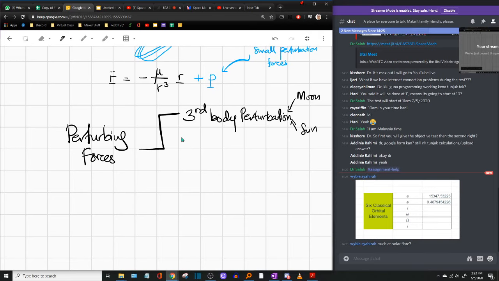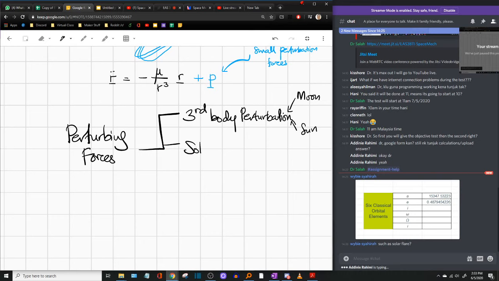By right, in the two-body problem, they should not influence the motion of our satellite, but they still provide a small amount of force that is going to disturb or perturb our orbital elements. We'll show you what it does later on.